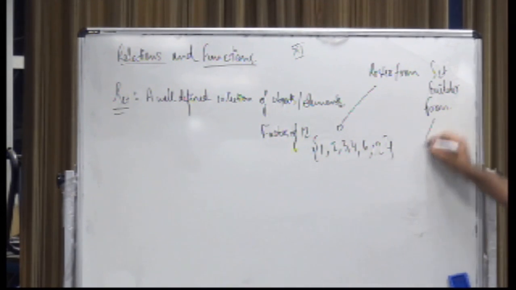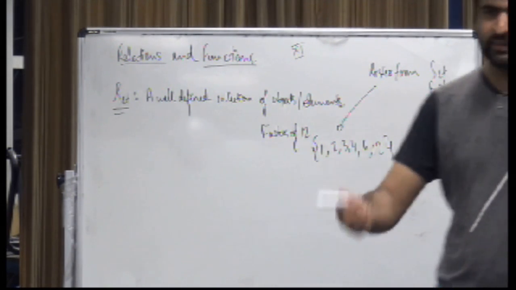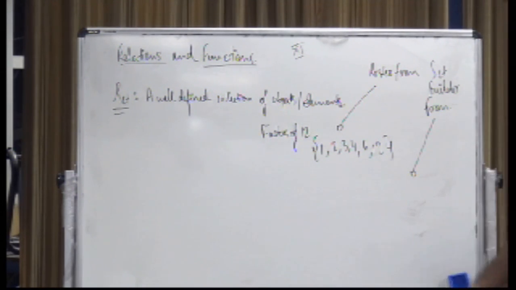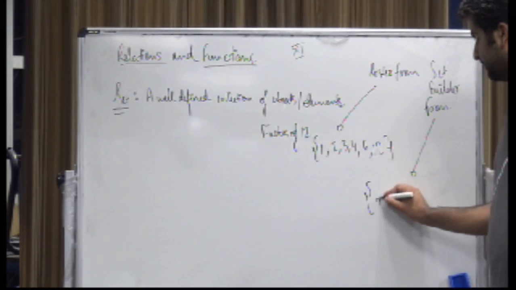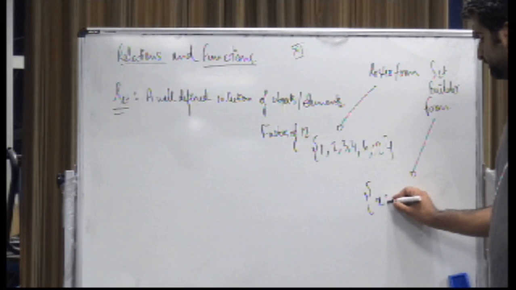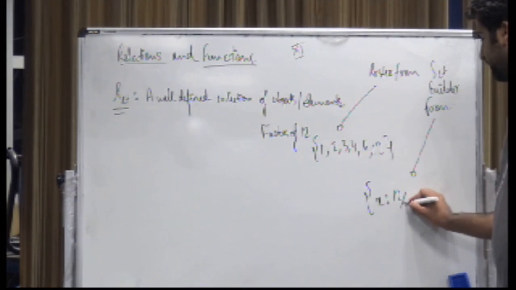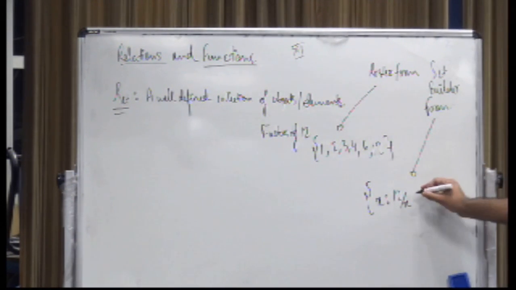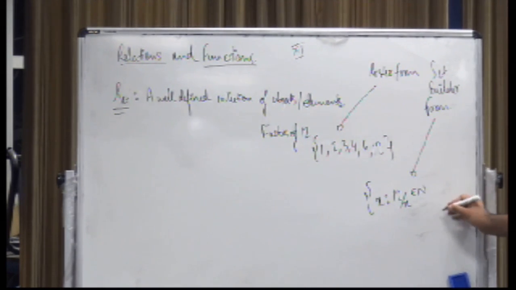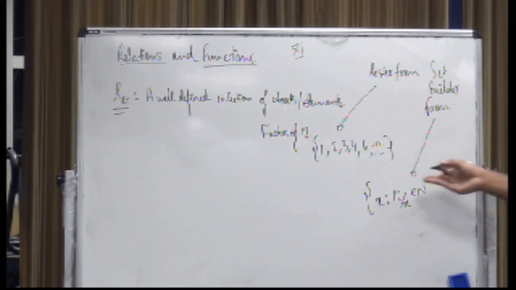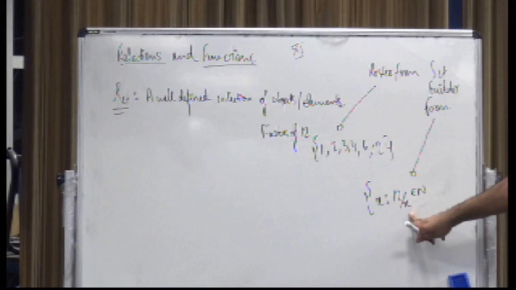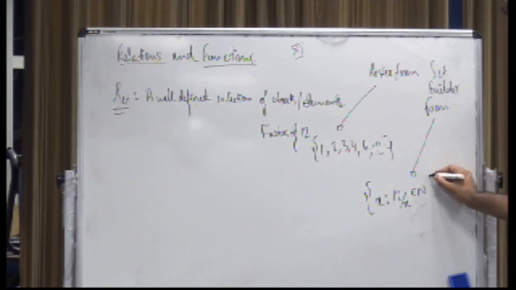And what will you get in set builder form? Can anyone make it? x such that 12 divided by x gives 0. Okay, that's one way of writing it. 12 divided by x is a natural number, we can say. If you divide 12 by this number x, you will get a natural number, and x is also a natural number.